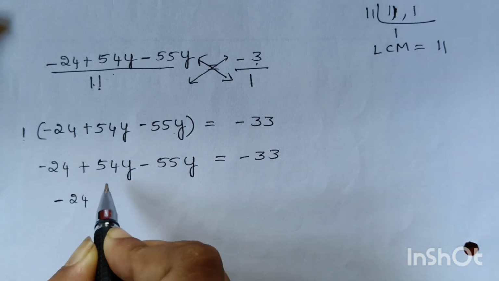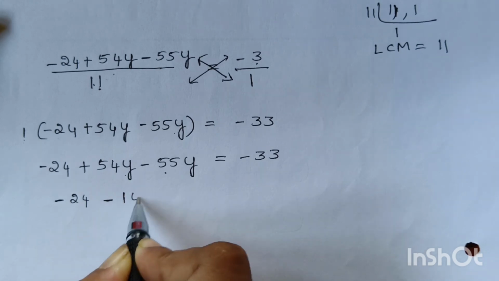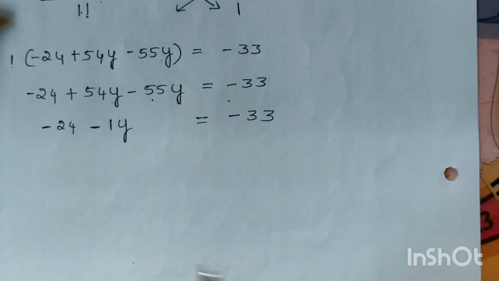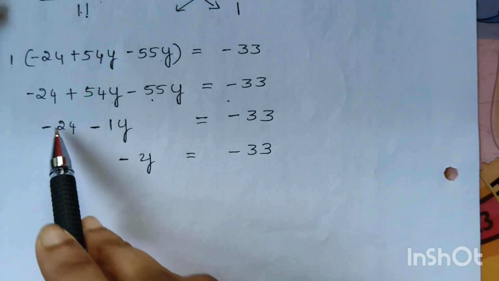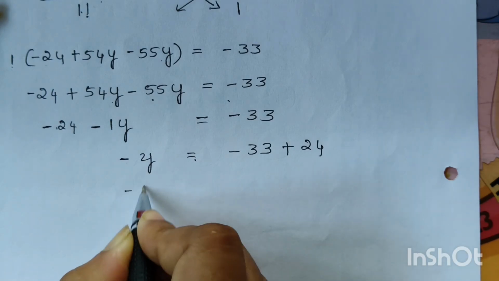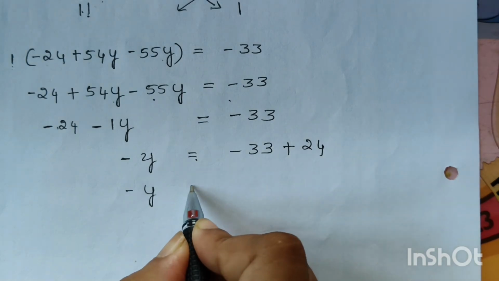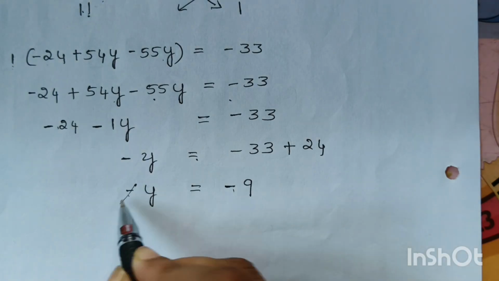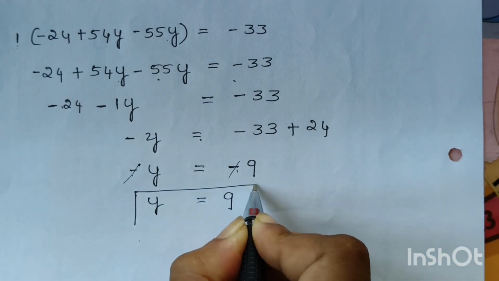Minus 24 plus 54y minus 55y, it's nothing but minus 1y, or you can simply write minus y is equal to minus 33. This minus 24, when it crosses the equal to sign, will become plus 24. Minus y is equal to minus 33 plus 24, which is minus 9. Minus minus cancels, right? Therefore, y is equal to 9. We got the value of y.